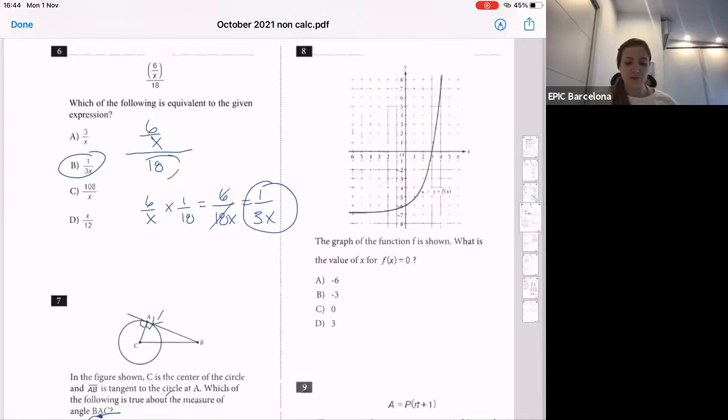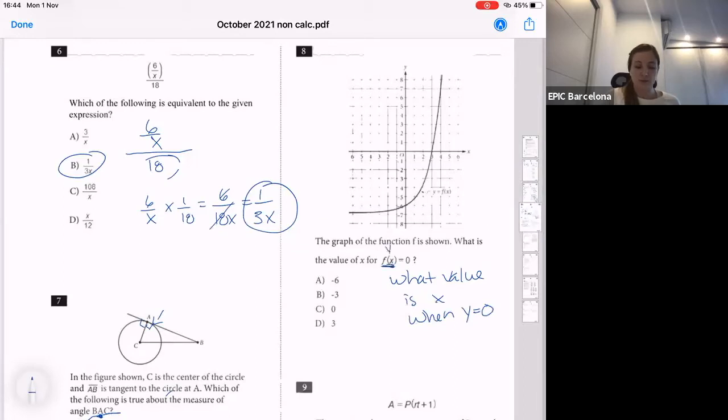Okay. Next, what do we have? The graph of the function f is shown. What is the value x for f of x equals 0? So what value is x when y is equal to 0? f of x is y, so when y equals 0, where does that occur?